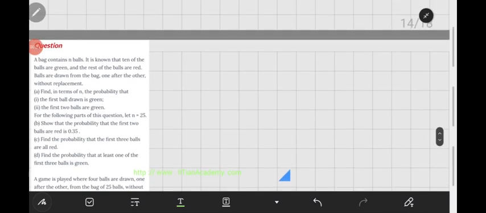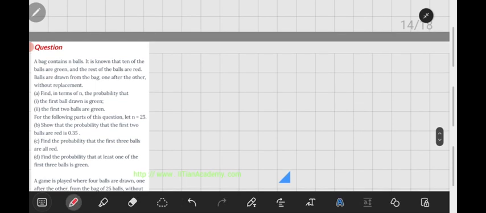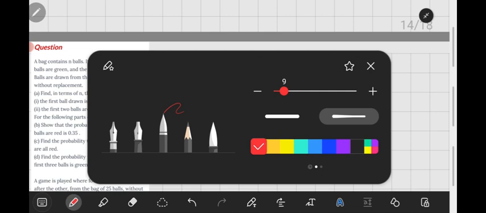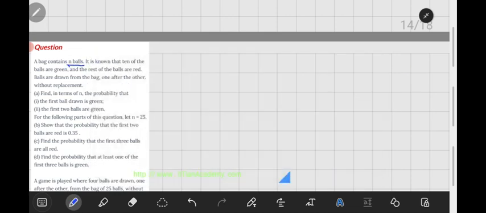For today's question, we have a set of probability questions, okay? For a question, we're given a bag that contains n balls, and it's known that 10 of these balls are green. So, n balls, where 10 are green.